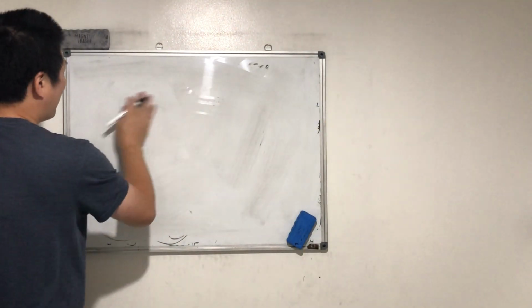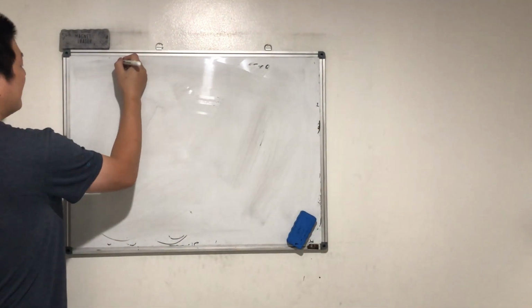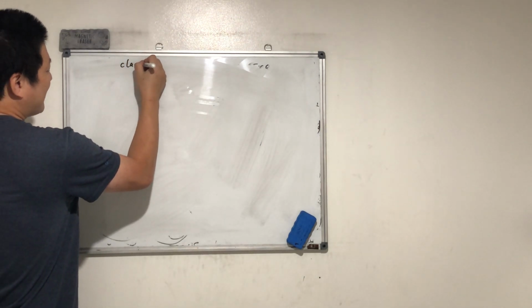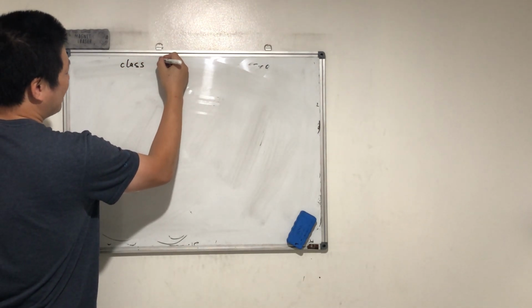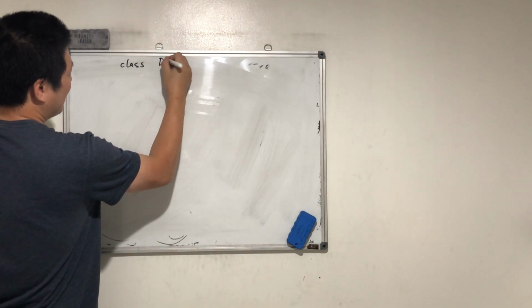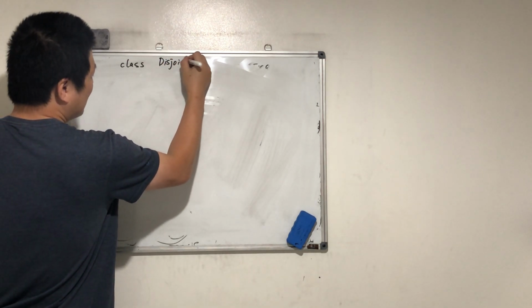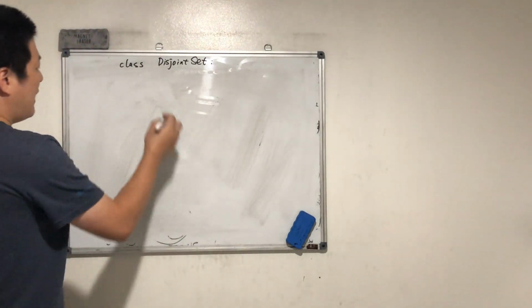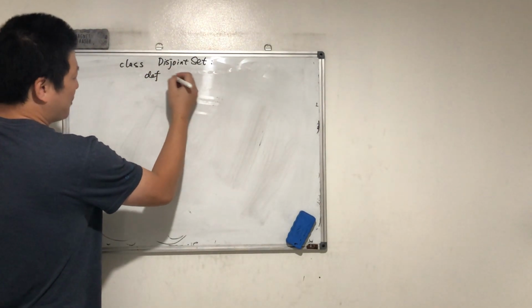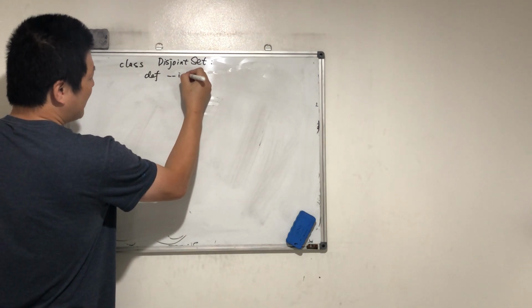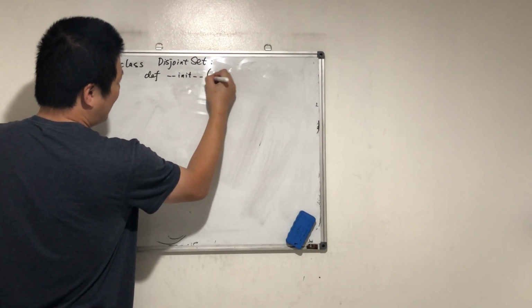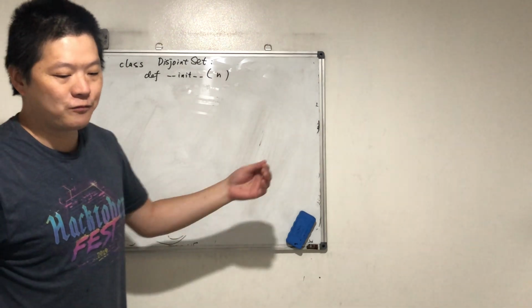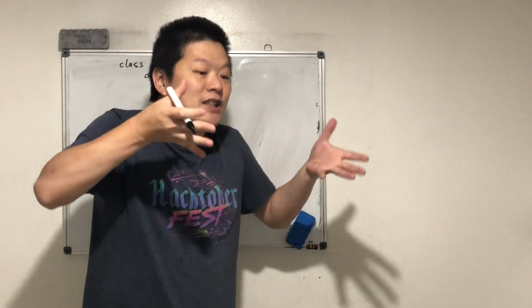Okay, so first of all, we have a parent. Let's define a class, disjoint set. At the beginning, we want to have a constructor, the initializer, and we're given an n. N is the initial group number.